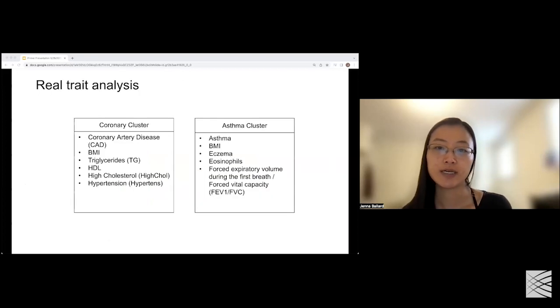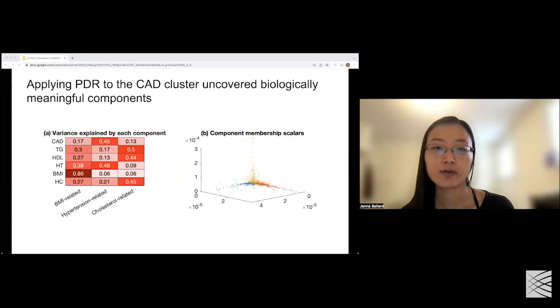We then applied PDR to clusters of real traits from the UK Biobank, including a 6-trait cluster comprising coronary-related traits and a 5-trait cluster consisting of asthma-related traits. For the CAD cluster, we identified BMI-related, hypertension-related, and cholesterol-related components based on the variance explained for each trait in each component.